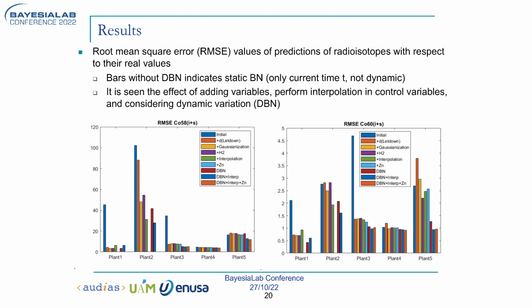In some of the plants, it's because of the differential of the letdown, and in some of the plants, it's because of the dynamic nature of the network. But all of it together makes the whole algorithm reach acceptable values of root mean square from the point of view of the operator, and from the point of view of ENUSA and their clients that will be using this for prediction.